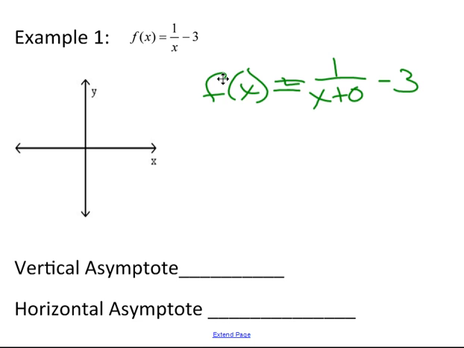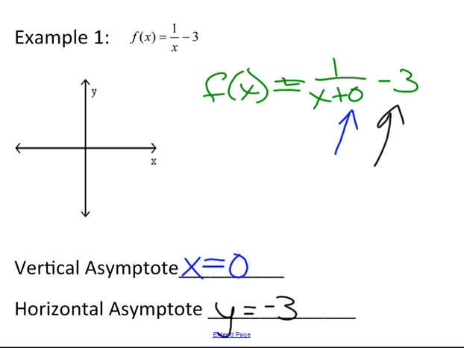So the vertical asymptote is going to be 0, x equals 0. And the horizontal asymptote is going to be the number that's outside of the fraction, y equals negative 3. If it's outside of the fraction, we keep the sign. Do not switch the signs if it's outside of the fraction.